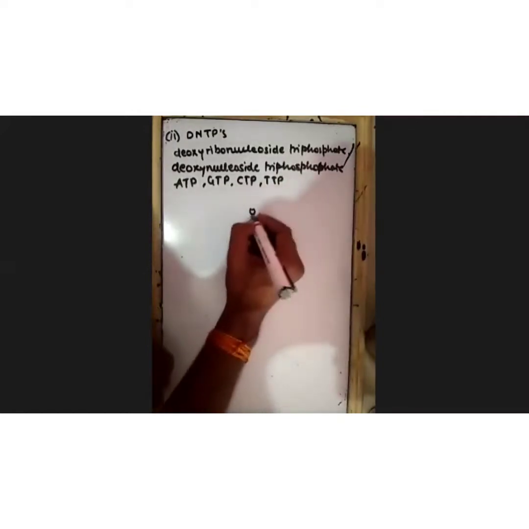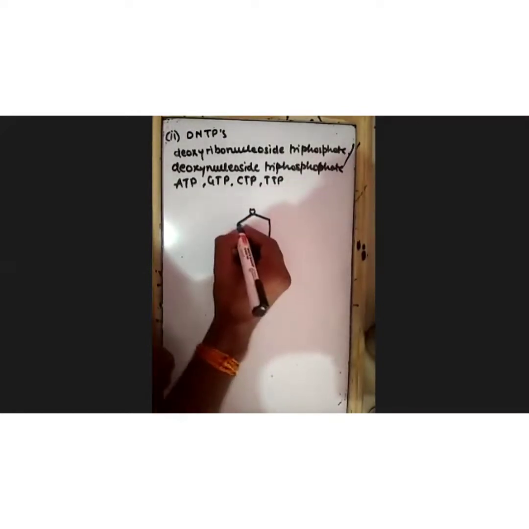Basically, for the nucleotide formation there should be only one phosphate on the pentose sugar.